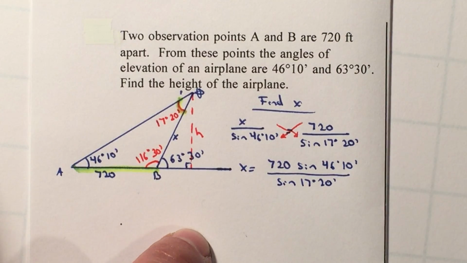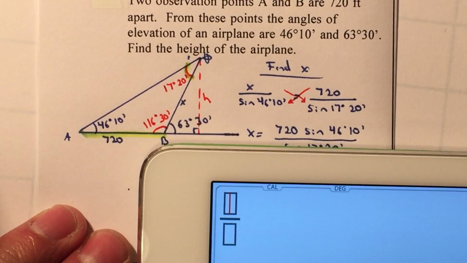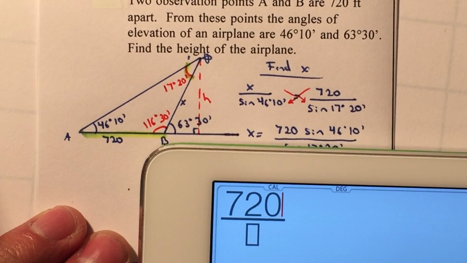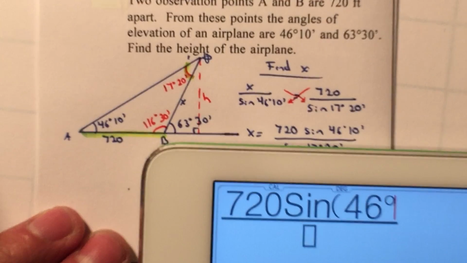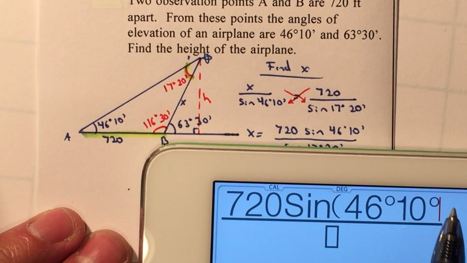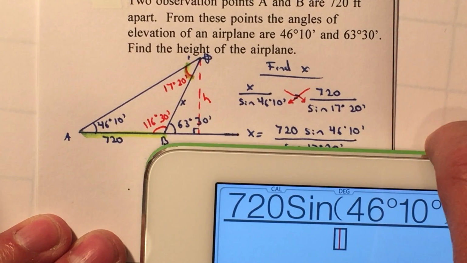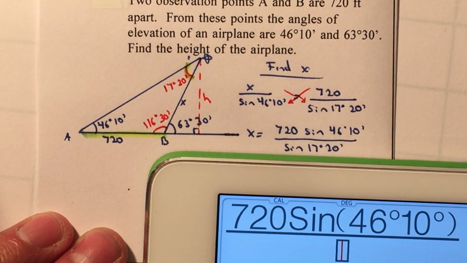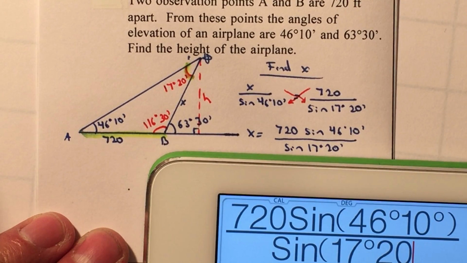And I'm just going to type that into my calculator. And since I'm able to use my fraction, 720, make sure that you guys have on degrees, the sine of 46 degrees 10 minutes. It doesn't show you the minutes, but automatically recognizes that that's a minute, divided by the sine of 17 degrees 20 minutes.